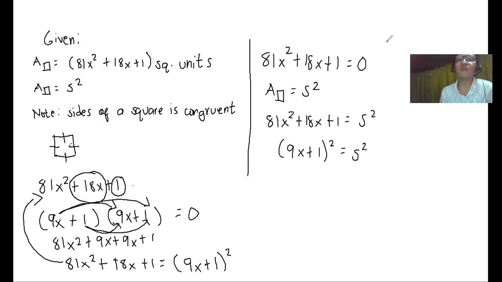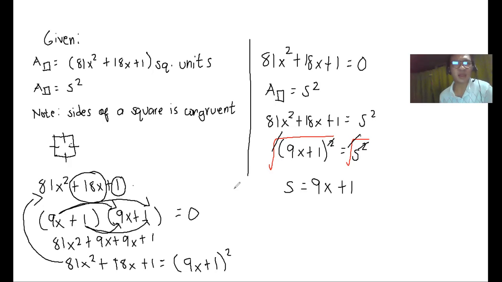Since we are finding the value of s only, a binomial that can represent the side of the given square, we cancel squared and square root. So the final answer would be s equals 9x plus 1.